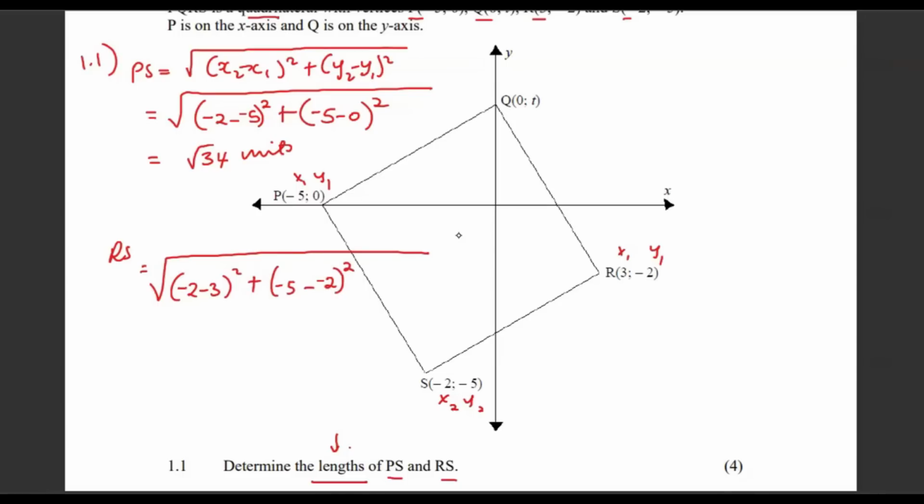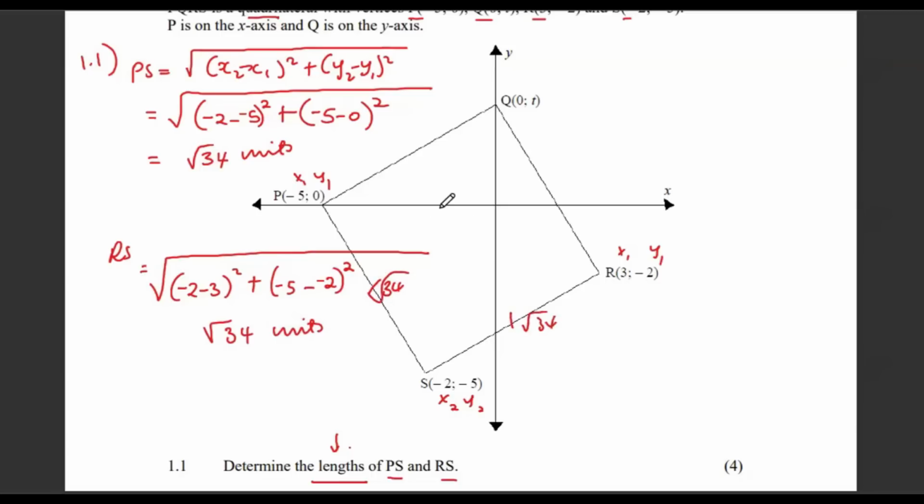It's not a big deal for as long as it's all indicated. So I'm going to have that squared, plus that, and then I'm also getting square root of 34. So this is a root 34. This is also a root 34.